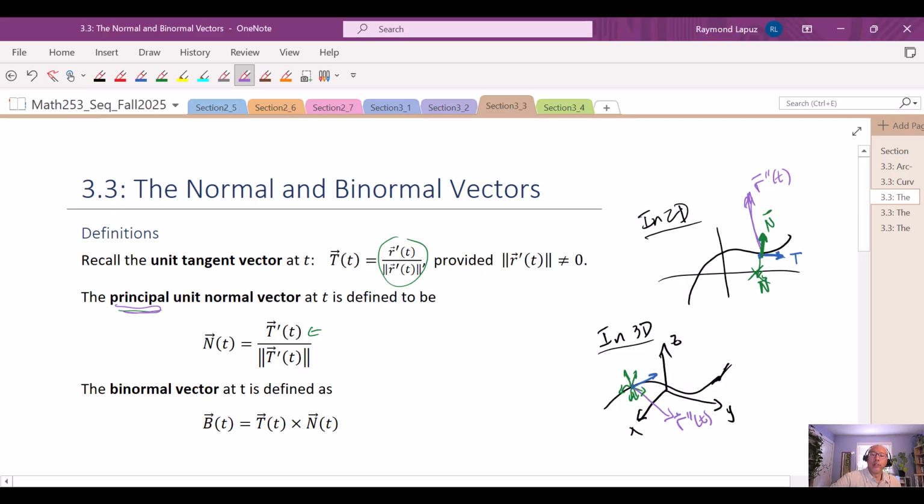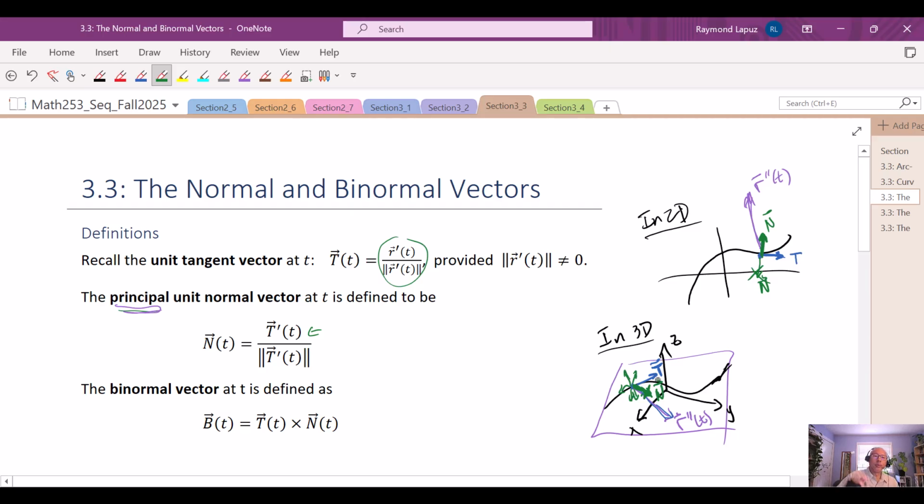What we're going to do is construct a plane that contains your unit tangent vector, which is going in the same direction as your regular tangent vector, and your acceleration vector, and then whatever normal vector is on that plane will be the principal unit normal vector.